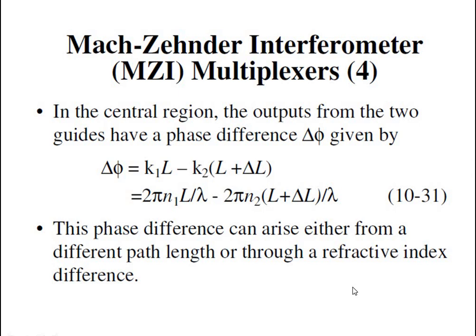So in the central region, the outputs from the two arms come from the same light source, isn't it?